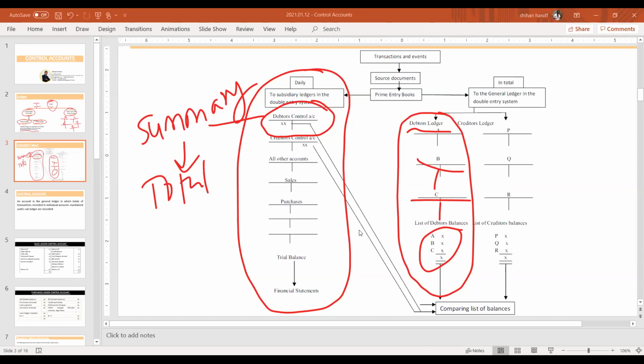When the businesses expand, they will hire a separate person to handle the debtors, customers.